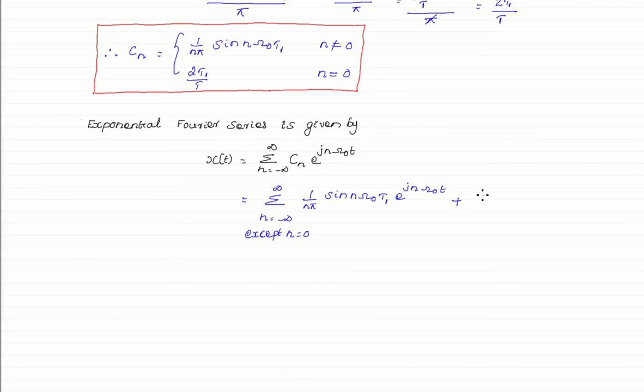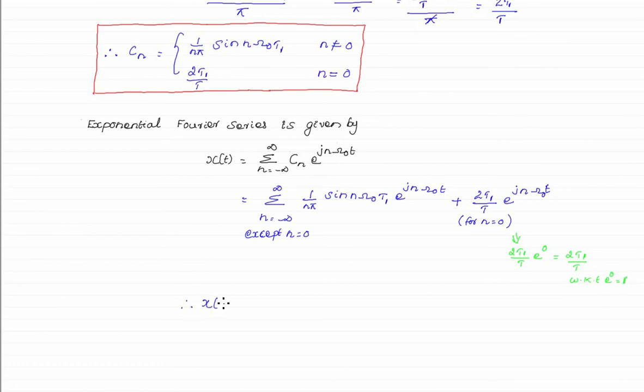Next we represent x of t for n equal to 0, which is equal to 2 t1 divided by T into e power jn omega naught t. When n is equal to 0, the second term becomes 2 t1 divided by T into e power 0, which is equal to 2 into t1 divided by T, because e power 0 is equal to 1.